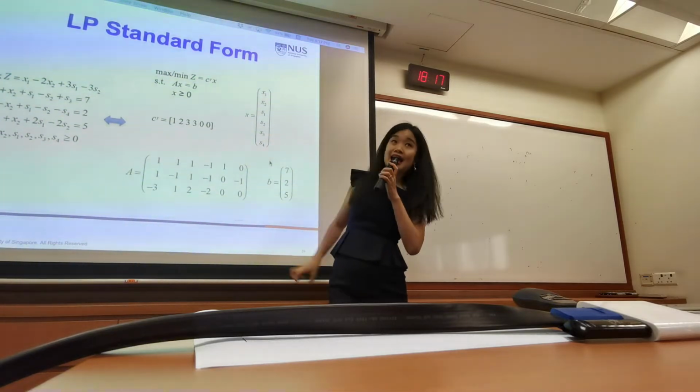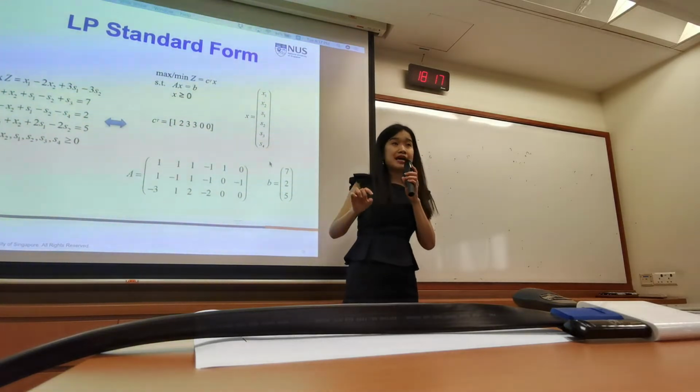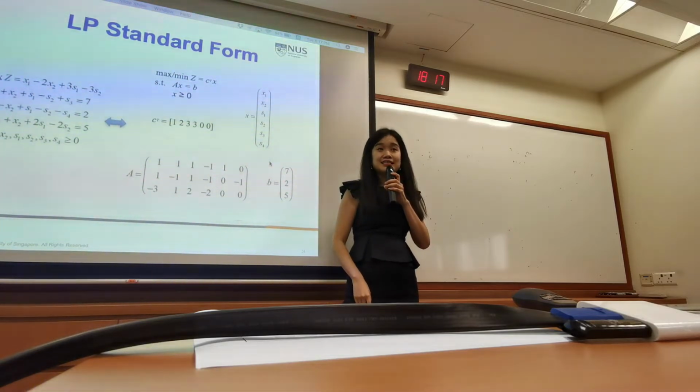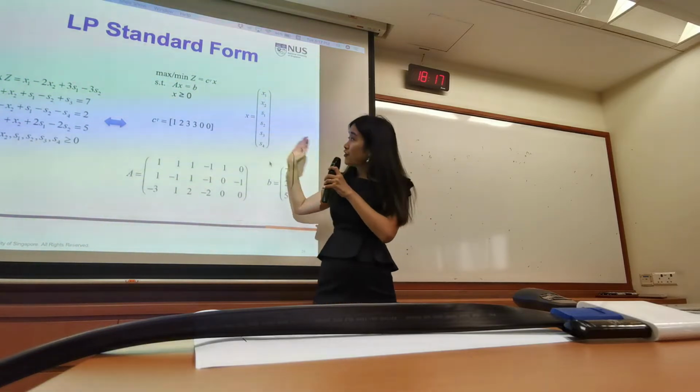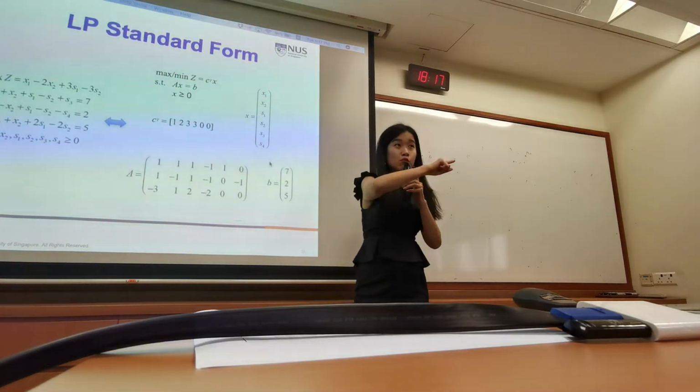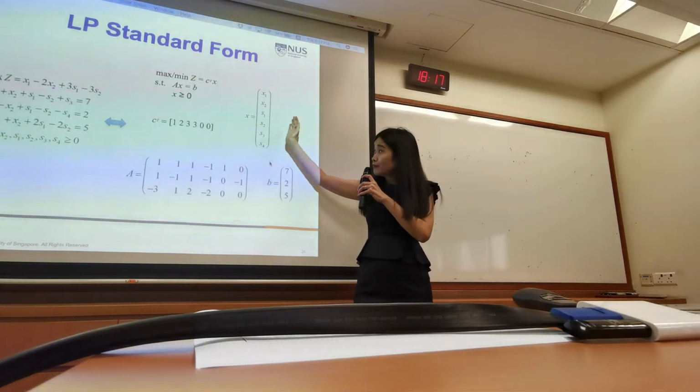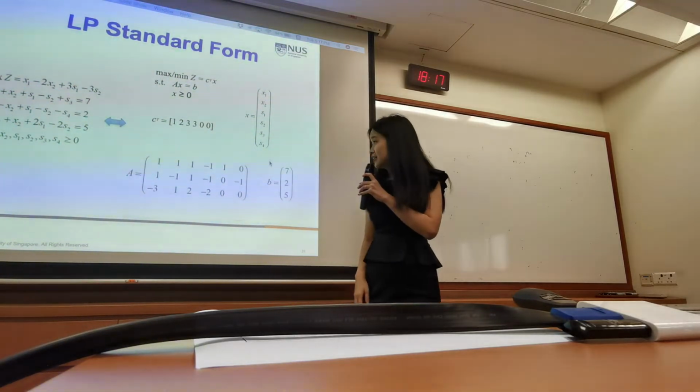You write the unknown decision variables as a column vector, 6 rows by 1 column, and the coefficients as a row vector, 1 row and 6 columns. These 2 vectors make my objective function.